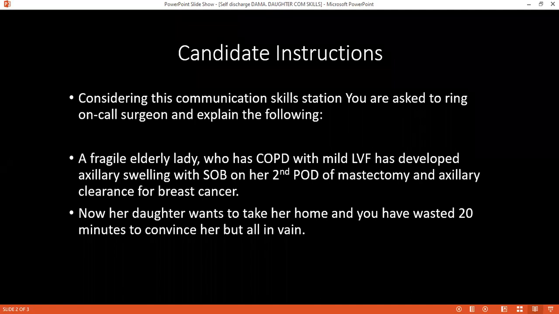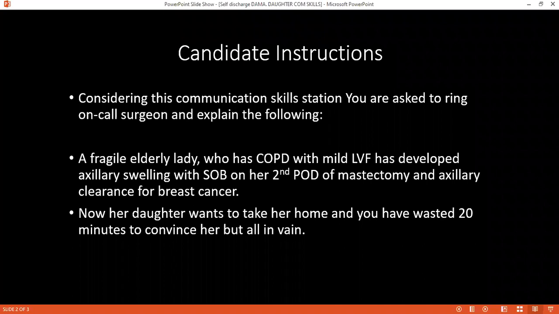But I've explained to her that the mother just had a mastectomy 2 days ago with an axillary clearance for breast cancer. So she's supposed to be admitted to monitor her vital signs and for complications that might arise from the disease.